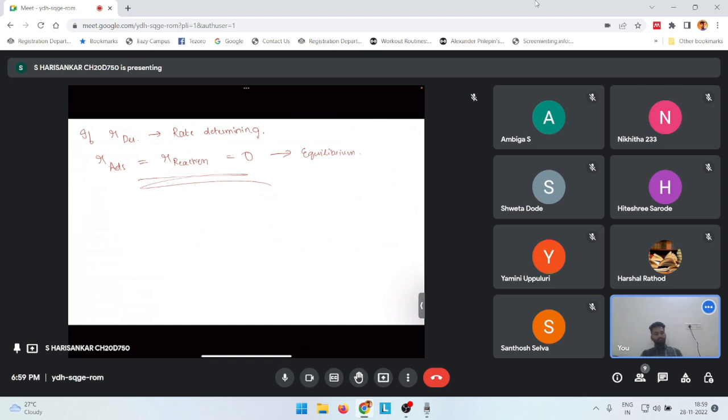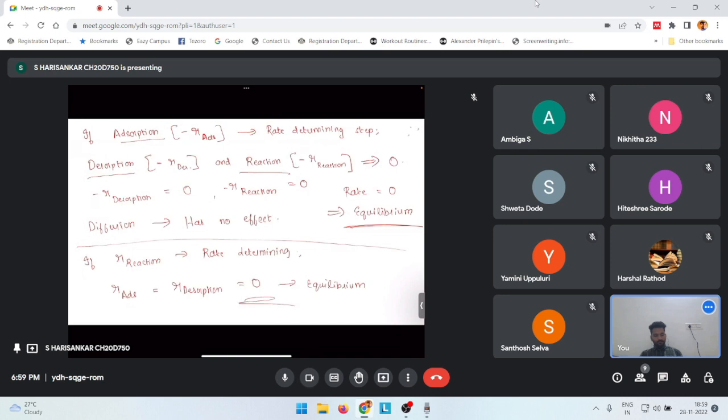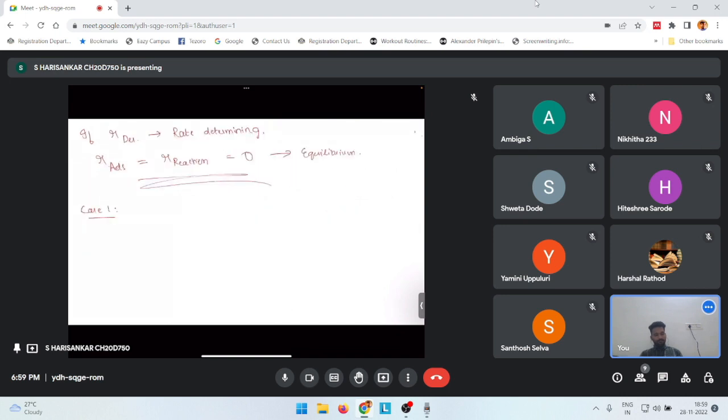Now, let us divide these into three cases. So this is adsorption being rate determining, this is case one.